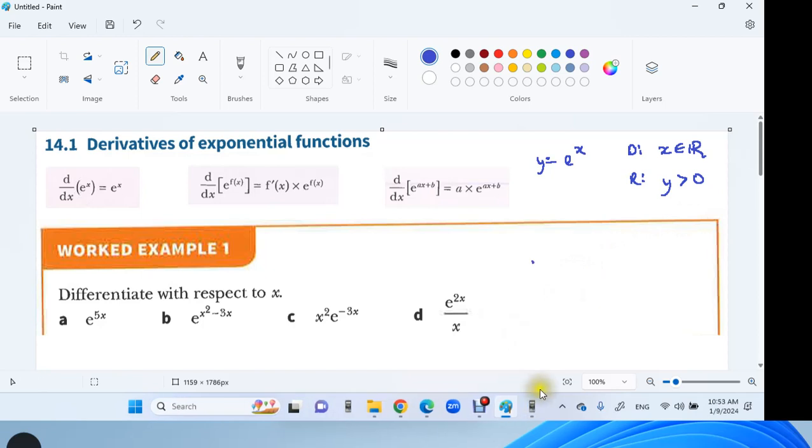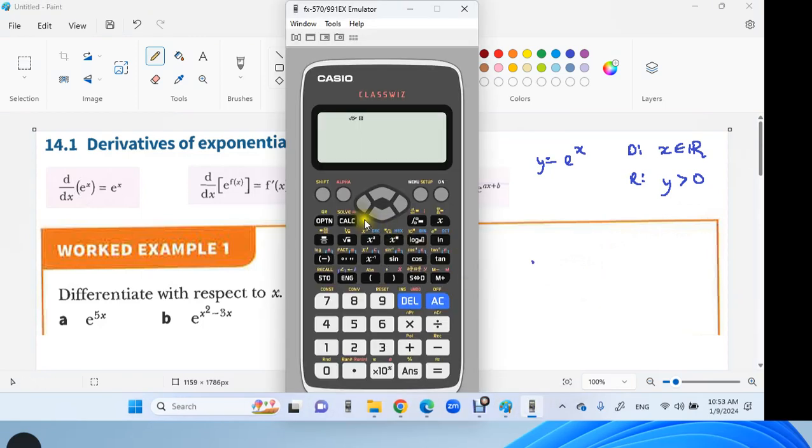Okay, so we can check using our calculator. Let's say we have e to the power of 1, then it's e, 2.718281828. Actually, it is not a rational number. It is an irrational number. Square root 2 is irrational, e is irrational, pi is also irrational.